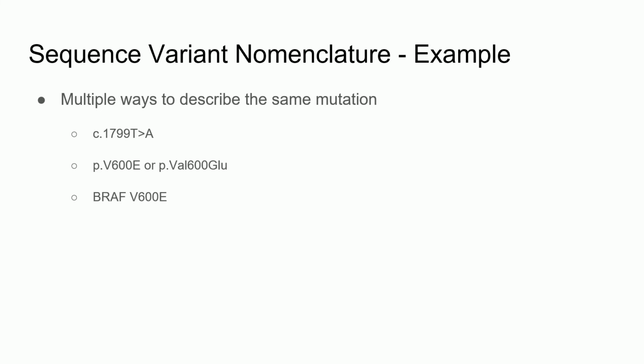Or by using the name of the protein, in this case BRAF, followed by the mutation shorthand V600E. Notice BRAF is not italicized because we are referring to the protein name in this instance. All 3 of these represent the same thing, the BRAF mutation that is a common driver in numerous tumor types. So all these rules we've covered deal with the genetics and proteomics nomenclature.